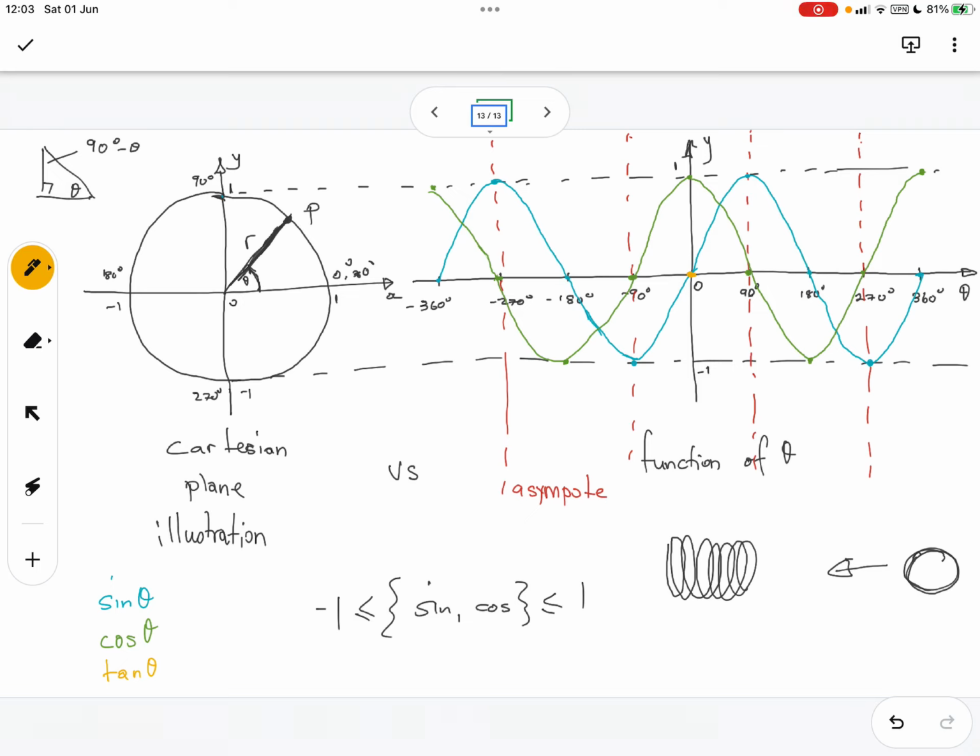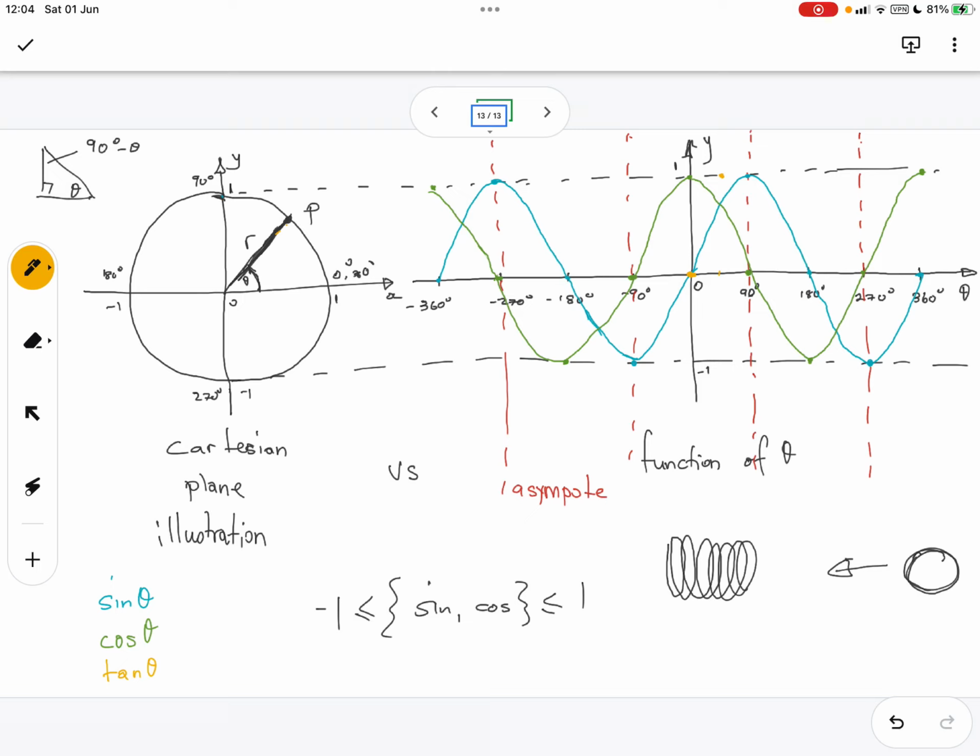Maybe we might need to look at angles like 30 degrees and 45 degrees. So let's do 45 degrees. We know that at 45 degrees tan is 1, right? So when theta goes to 45 degrees, tan goes to 1. Magdalene, on your calculator, I want us to do some simple numeric drilling.